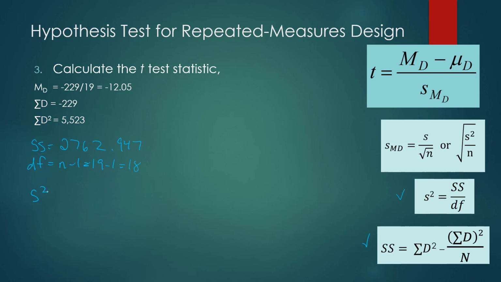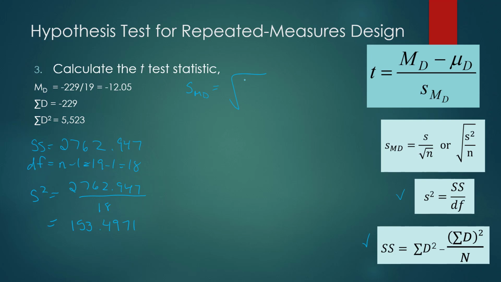So variance is going to be my sum of squared deviations, 2,762.947 over 18, which is going to give me 153.4971.